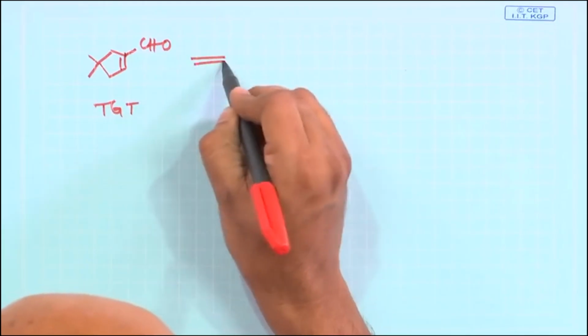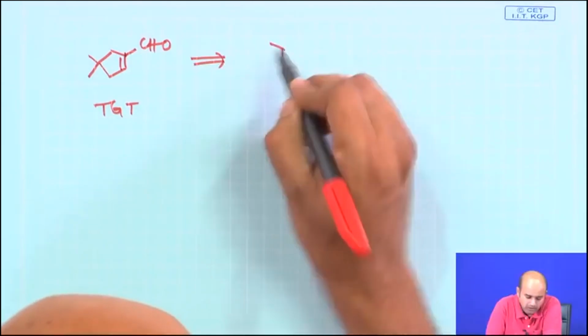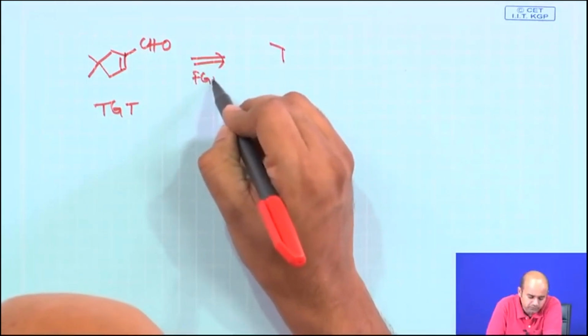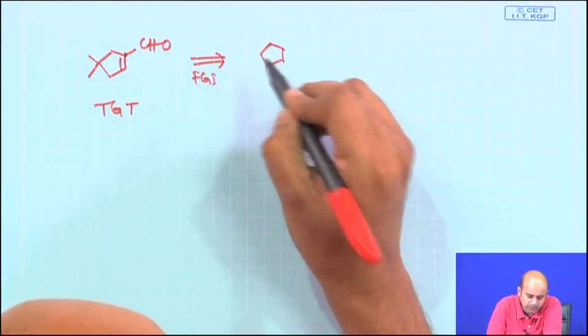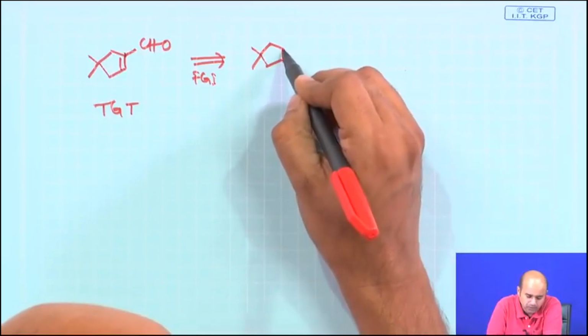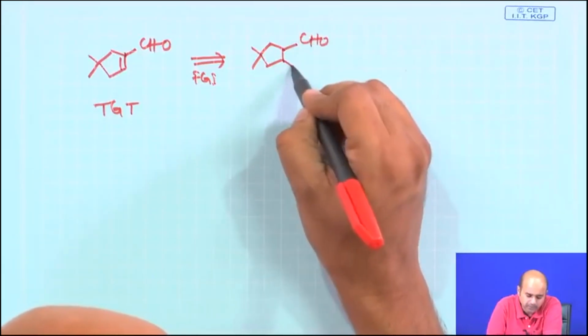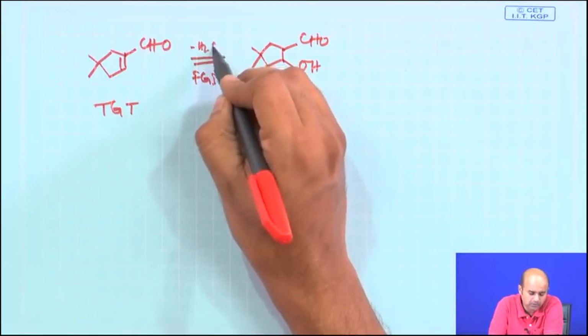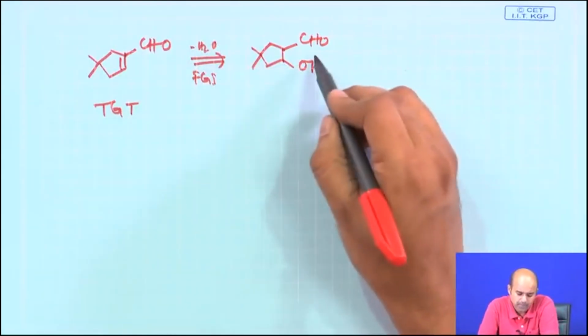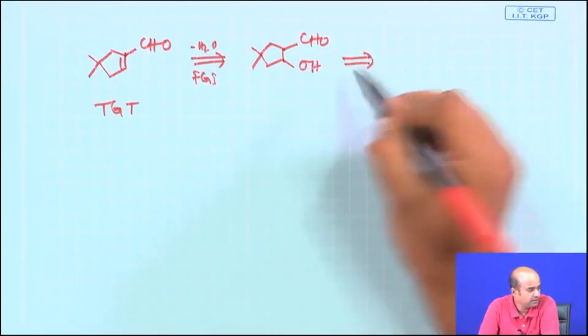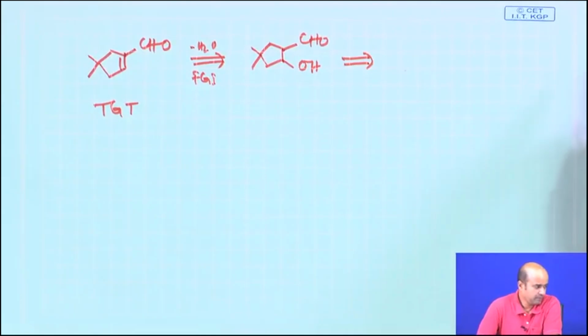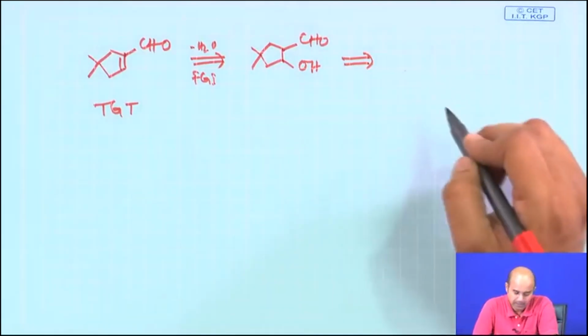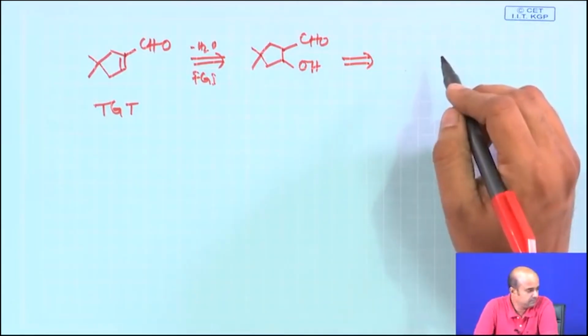We will do the retro. We will do an FGI based retro. The starting material I am not disclosing right now. We say this compound can simply be made by 1,2-elimination of a water molecule. So, if you have a hydroxyaldehyde, you can easily make it. That was the main idea.